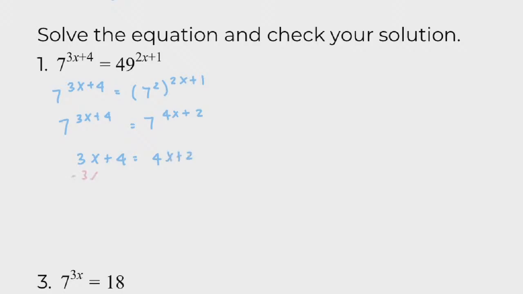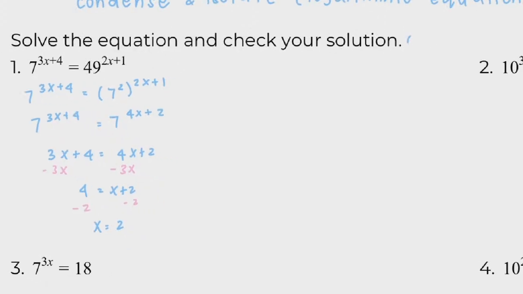To solve, we subtract 3x, and we get 4 equals x plus 2, and then subtract 2. So we get x equals 2. And you don't have to check unless it's a log problem. So log only for the checking. Since this is an exponential, we don't have to check.